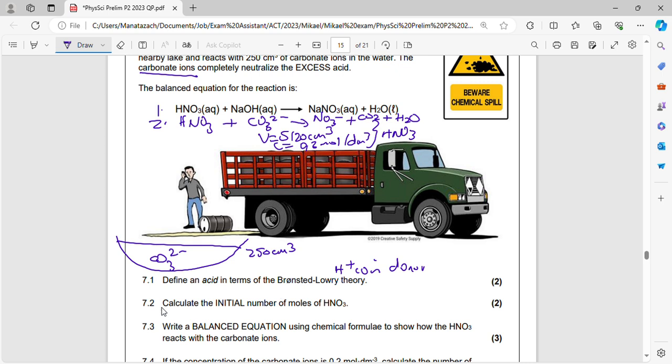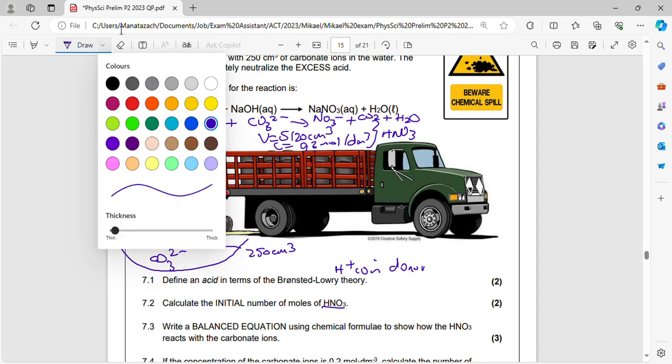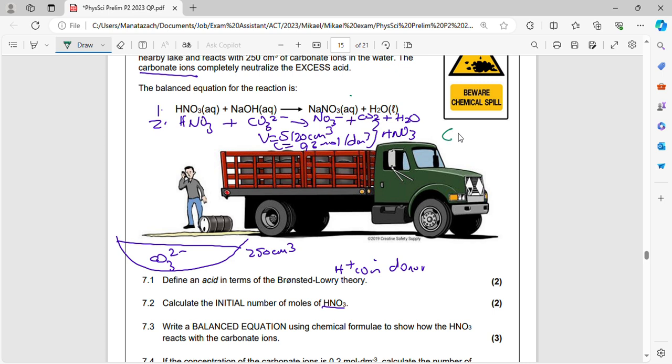The second question is, calculate the initial number of moles of the nitric acid. Already we've got the volume and the concentration for the nitric acid, so that should be much easier. Using the formula C is equal to n over V, we'll be able to calculate the number of moles.